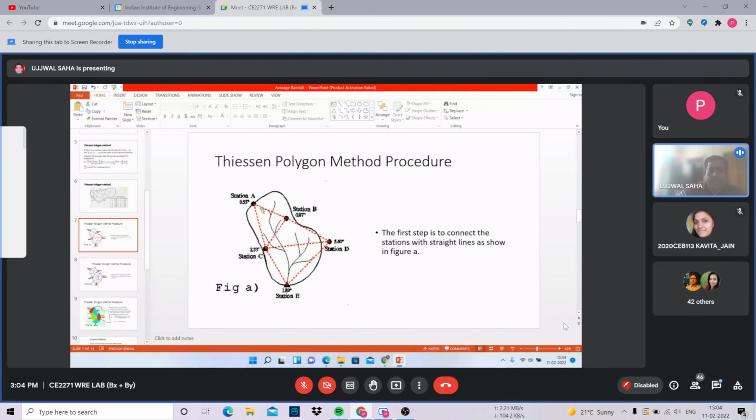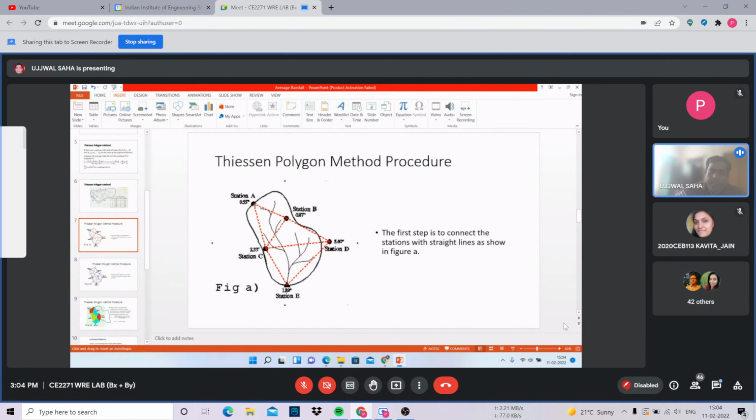Okay, so one example I can show here: if you see these stations, I have divided them into triangulation this way. But I could have made it a different way also.